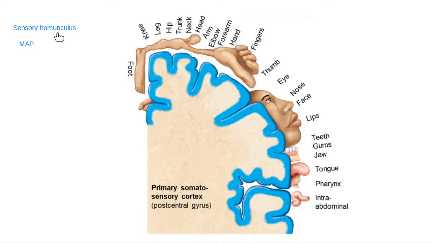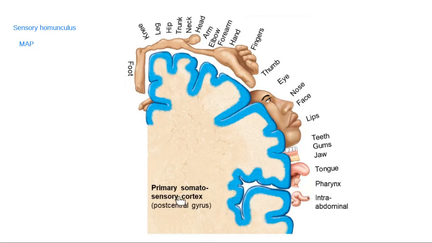On the exam and on the homework assignments, I will give you this map and ask you to interpret it. I'm trying to remember exactly how I phrased it on the exam. I believe on the exam, I only told you if it's the post-central gyrus or the pre-central gyrus.